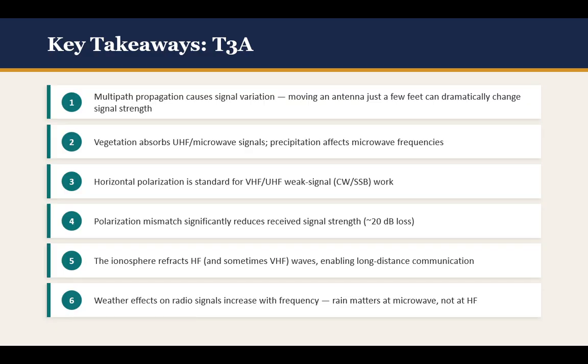Polarization mismatch significantly reduces received signal strength, up to a minus 20 dB loss. 5. The ionosphere refracts HF and sometimes VHF waves, enabling long-distance communication. And number 6, weather effects on radio signals increase with frequency. Rain matters at microwave, but not at HF.